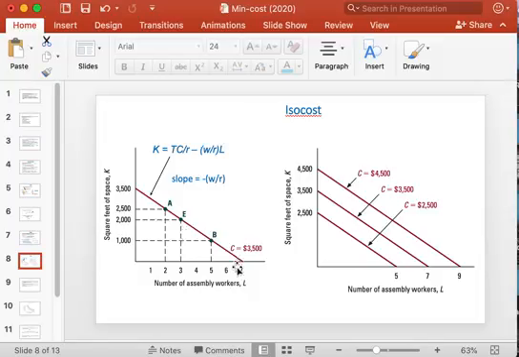Okay, so you can see a set of isocost lines given here. Three isocost lines are given here, 1, 2 and 3.